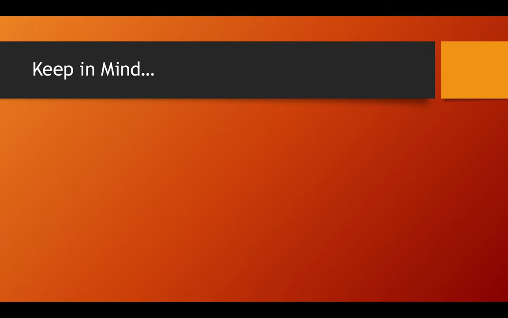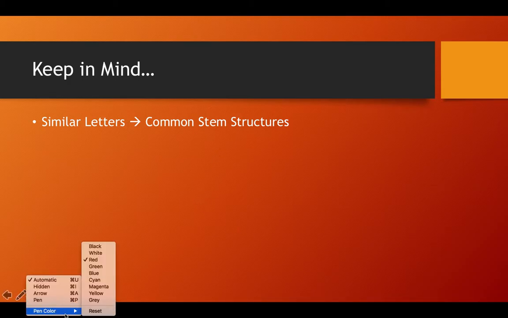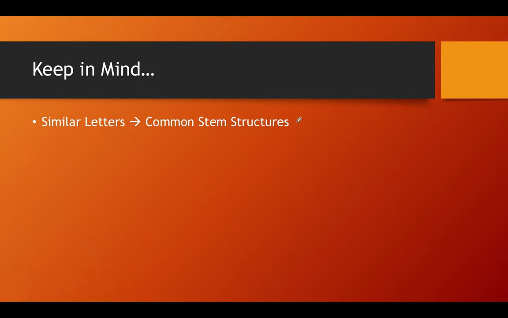So some things to keep in mind before we get onto the alphabet is, number one, similar letters. We want to look for groups of letters that share a common stem structure, right? So what I mean by that, going back to the definition of common stem structures or parent structures, is that they are based on a group of letters that share a common structure, or the most original form of a letter, right?